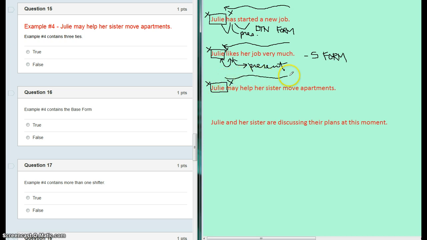And everything left is the predicate. May ties with the present. May doesn't tie with the subject. And may ties with help. And we know that the base form ties with X words like may.